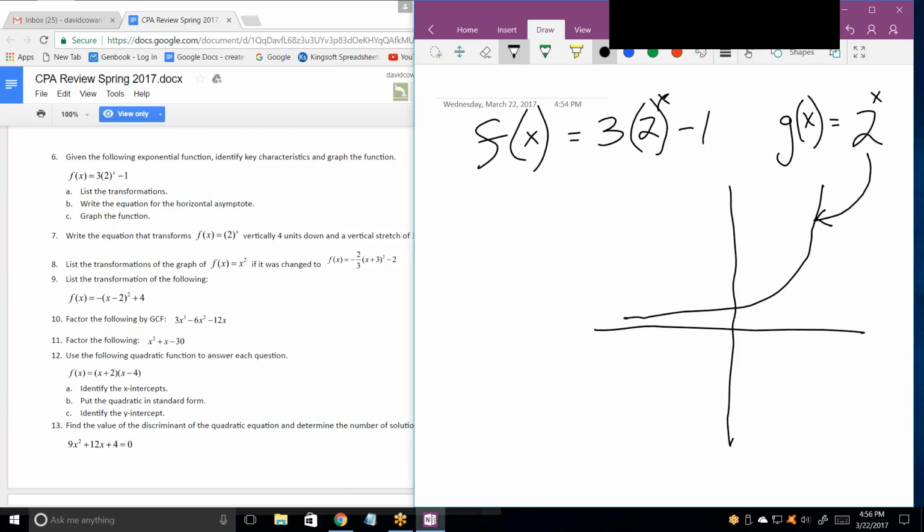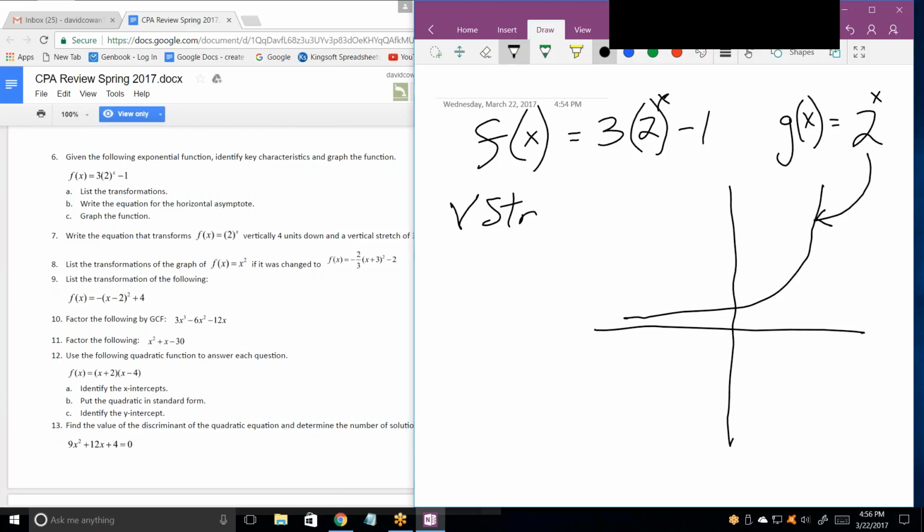Now, how does f of x differ from this? There's 2 things that are going on. There's 2 transformations. List them. What's the first one? There's a stretch of 3. A vertical stretch. Vertical stretch 3.